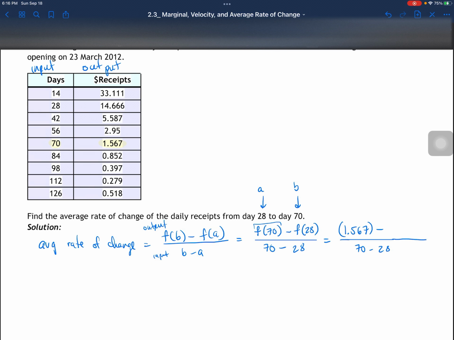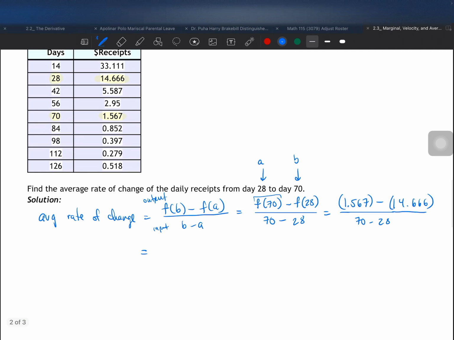Let's put some parentheses. Minus the output of 28. If we look over here, we see the 28 right there, and the output is going to be 14.666. Right, so let's do that as well.